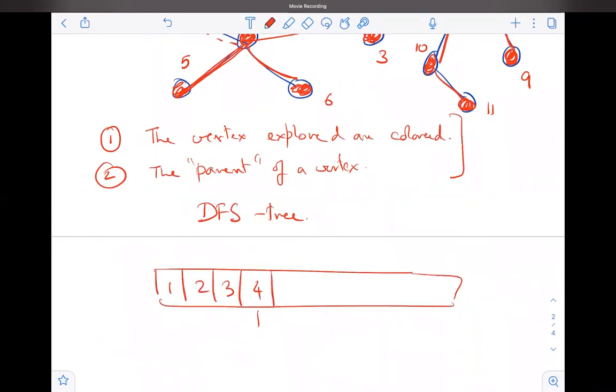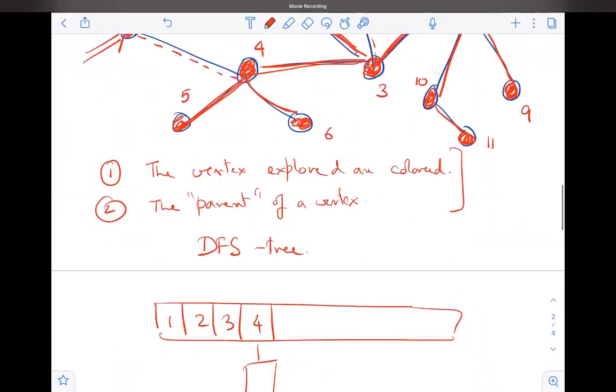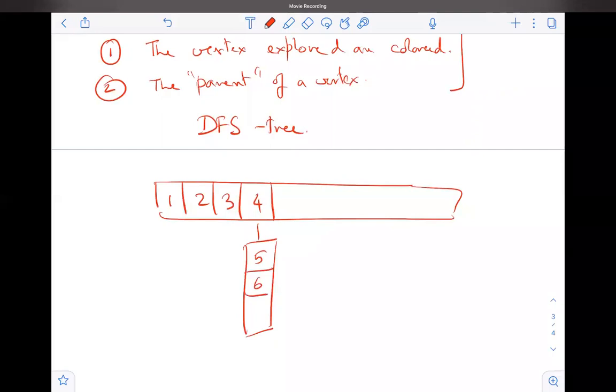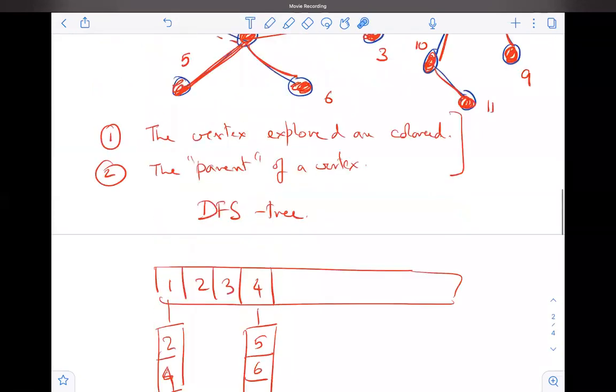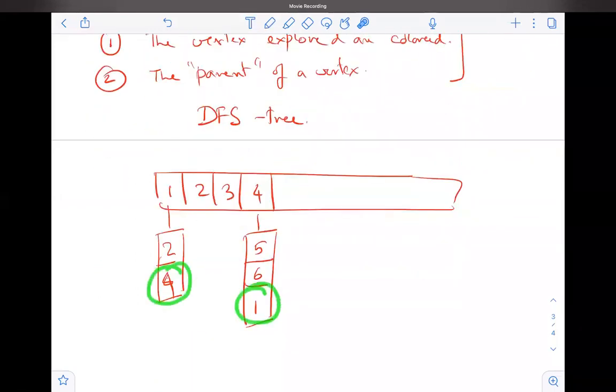The 4 will have something, right? 4 has 5, 6, and 1. And 1 also will have 2 and 4. So the 1, 4 edge is represented in 2 places. Once here and once here. This is the part representing 1, 4, and this is the part representing 4, 1.